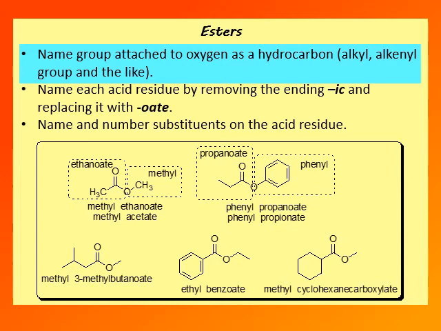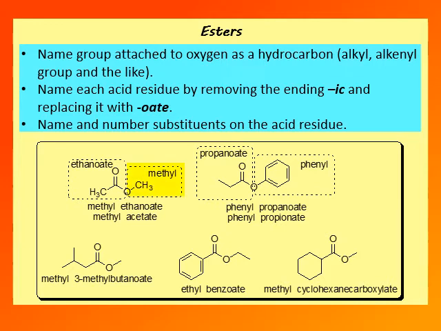We could name it as alkenyl group, like vinyl or allyl, or if it's aromatic, maybe it's phenyl. Then we name each carboxylic acid residue by removing the ending -ic of the carboxylic acid and replacing it with ending -oate. Finally, we name and number substituents on the acid residue.